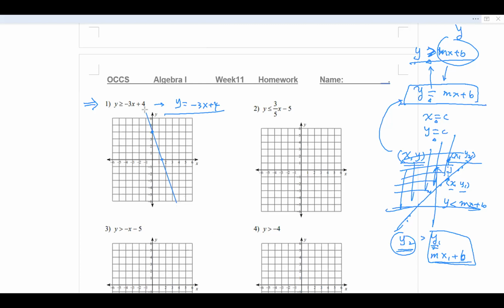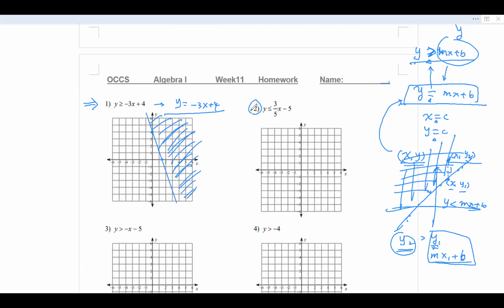You can see the slope is negative, so the line should go this way. Y greater than or equal means including this line, so we use a solid line, right? And above, so above this line should be this area. Including, we use the solid line.